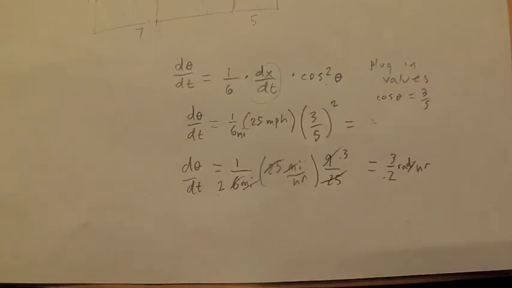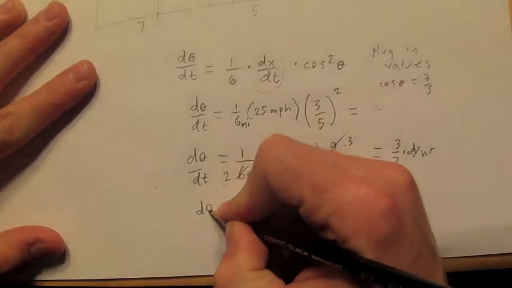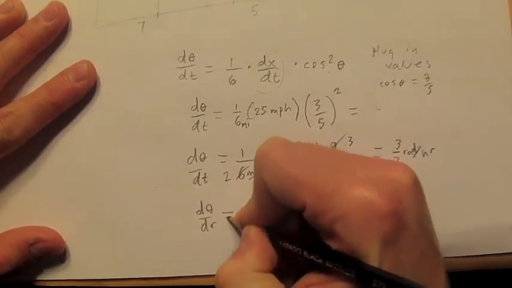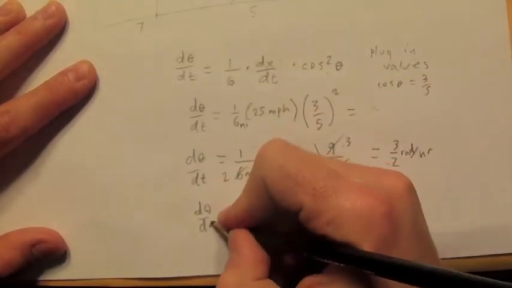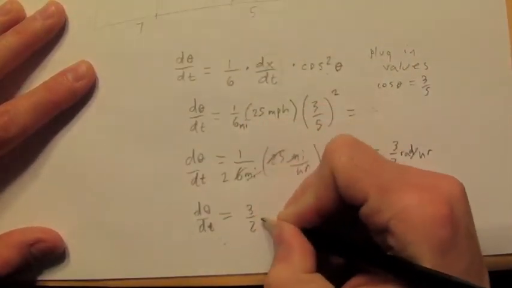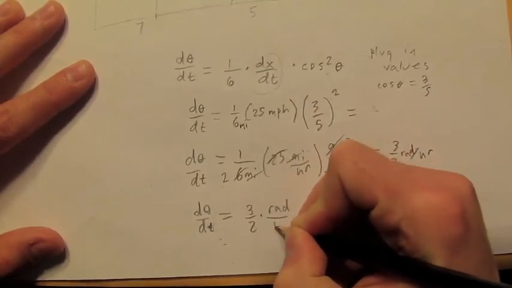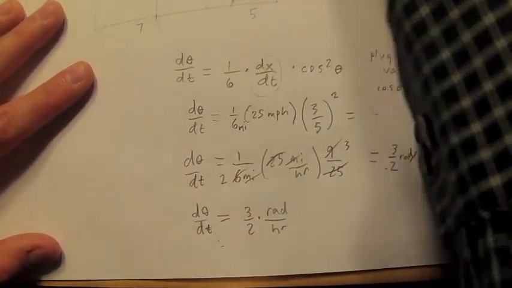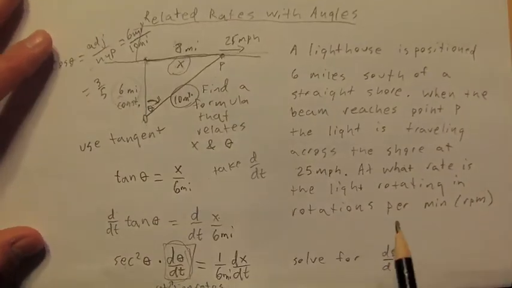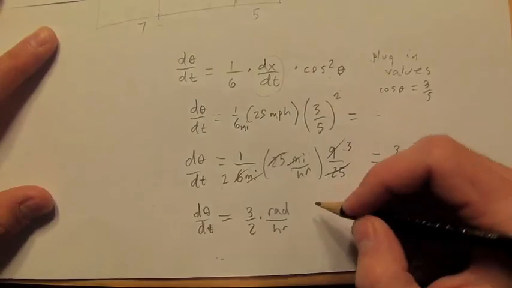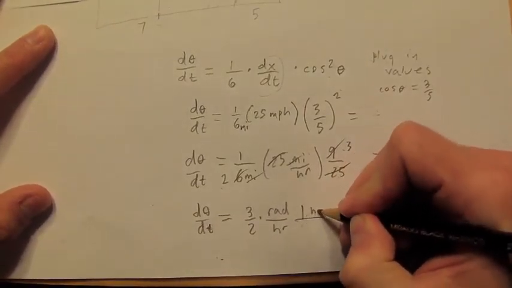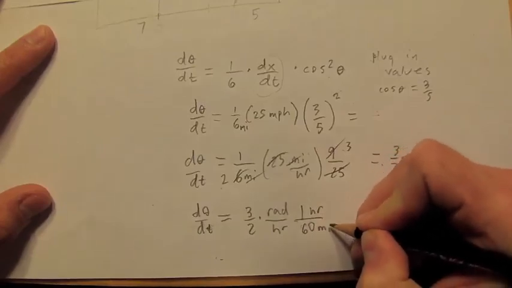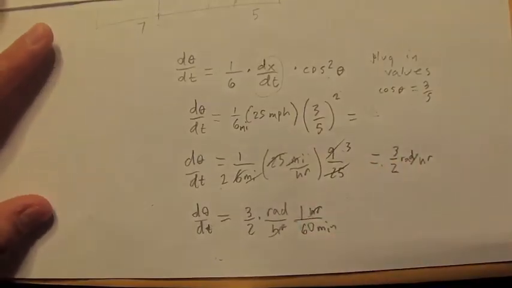Okay, so we have that the derivative of theta with respect to t is 3/2 radians per hour, but we weren't asked for radians per hour. We were actually asked for rotations per minute. So I can get it into minutes pretty easily. If I want minutes down here, hours up here, well, in 1 hour there's 60 minutes, so that's easy enough.